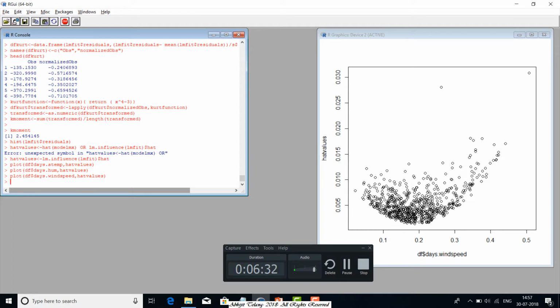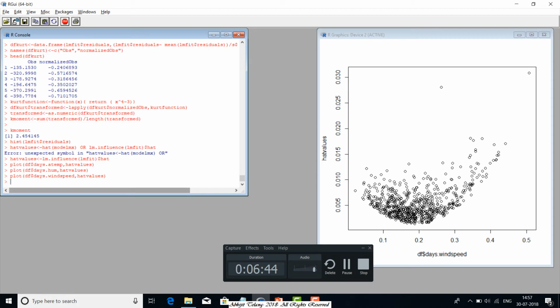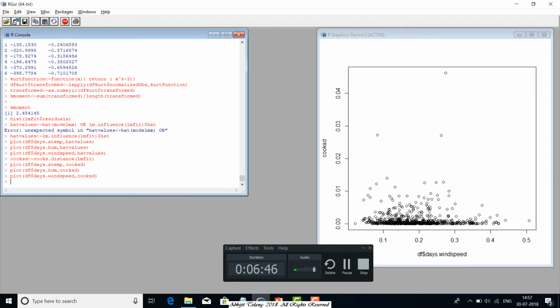This is again a scatter plot, and similarly I can do Cook's distance, which is similar to hat values but a different type of metric which measures the overall impact because of the presence or absence of a given set of observations.